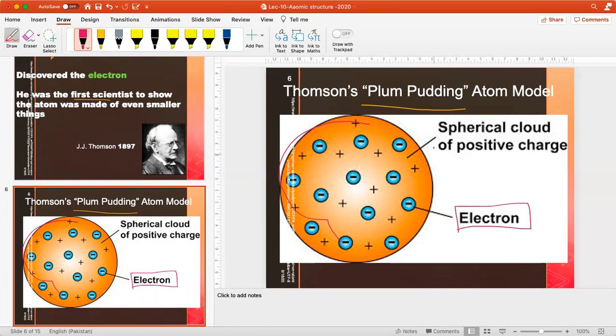Okay, positive charges and electrons. और electrons जो थे उसने ये नहीं कहा कि these are the negative, but he identified them as negative charges. Remember that whenever there is a positive pole, there must be a negative pole also. Okay, this is the rule.